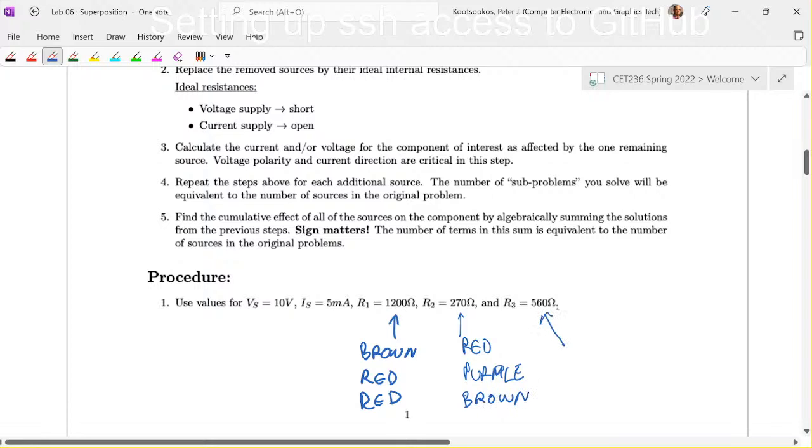And this one should be green, blue, brown, I think.